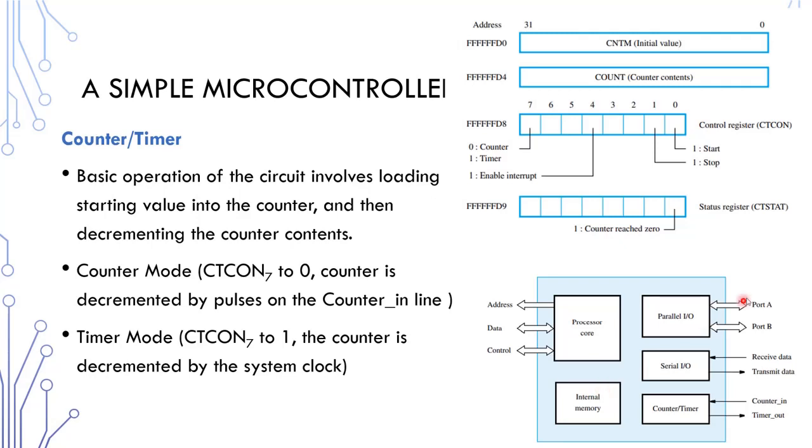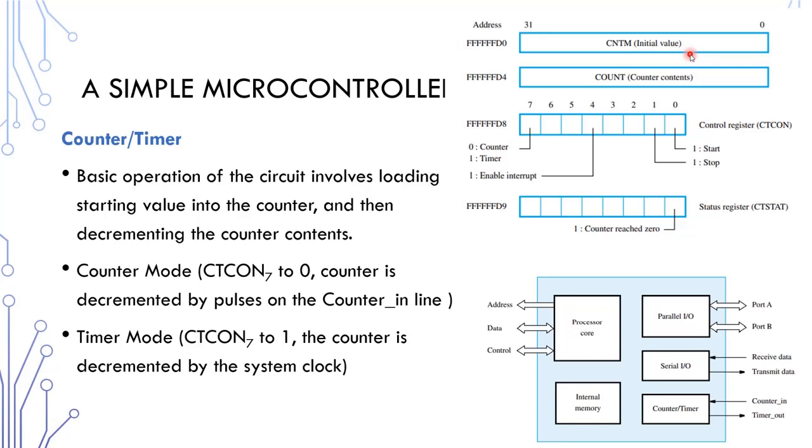The figure here shows the addressable registers with their addresses associated with the counter or timer circuit. The associated counter register CNTM can be loaded with an initial value, which is then transferred to the counter circuit.